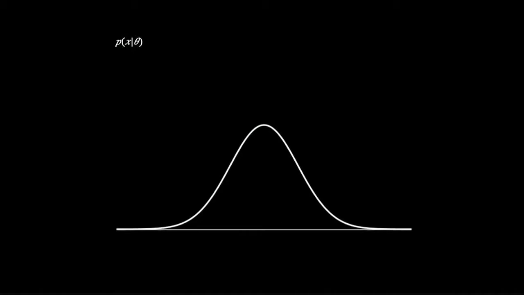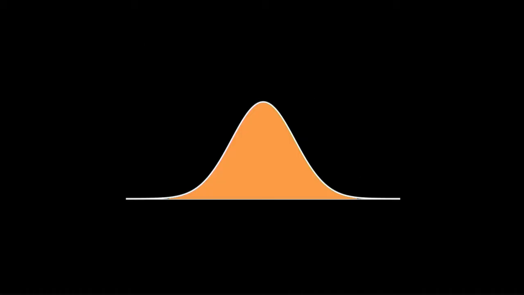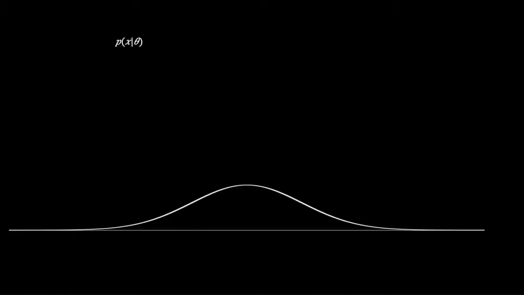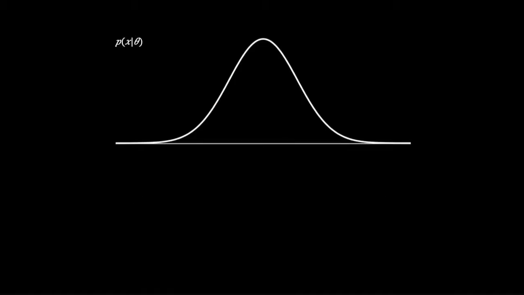So we can wiggle on theta or we can wiggle on X, but if we observe X, we have to somehow find a good theta. And one of the properties, if you look at these three different instances, is that the integrated area is always 1. That's what the density function is. It integrates to 1.